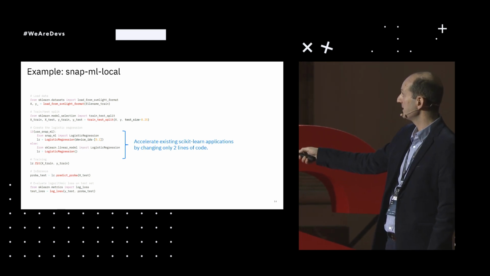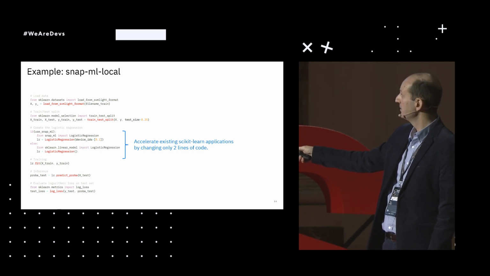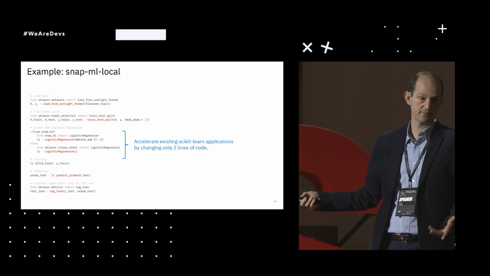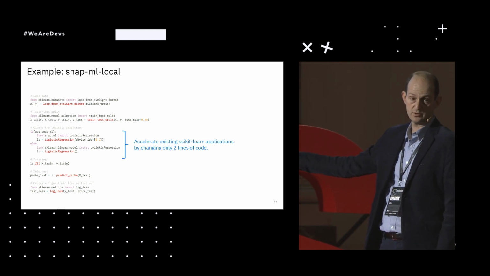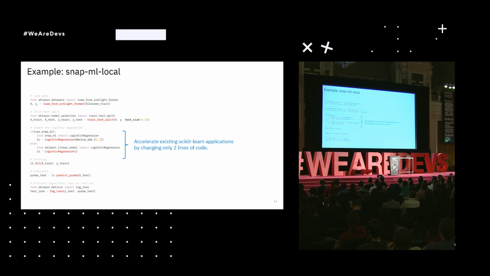And then these middle lines will use either the scikit-learn library here or the SnapML library, and they will invoke logistic regression as the model. So this is where you do the model building, and this is the only two lines of code that change. Everything else is the same again. So you do the training, then you do the inference, and you can evaluate the loss of your model. As you see, the data preparation and training is exactly the same. The only thing that changes is that you invoke a different classifier from one library versus the other. So it's very much look and feel like scikit-learn.